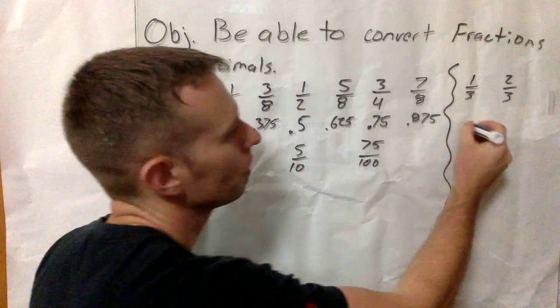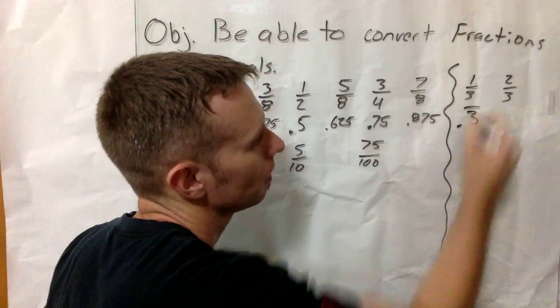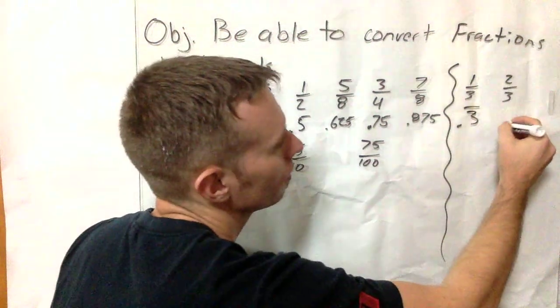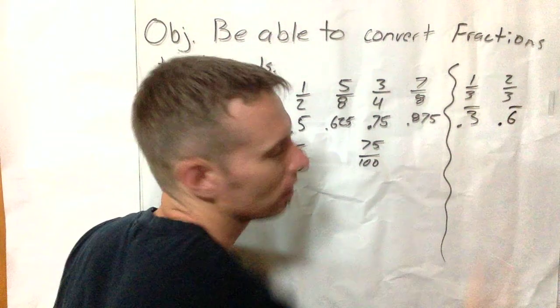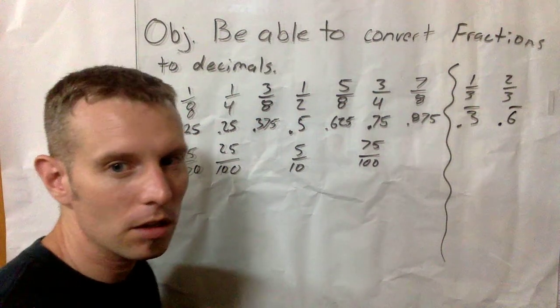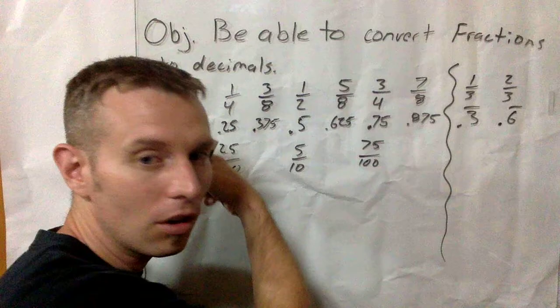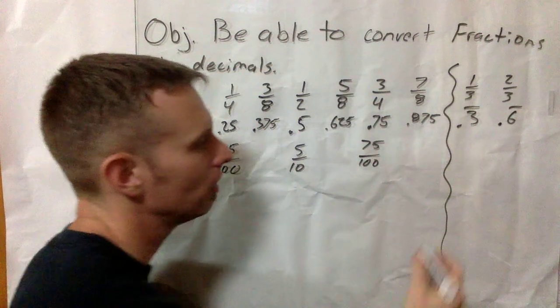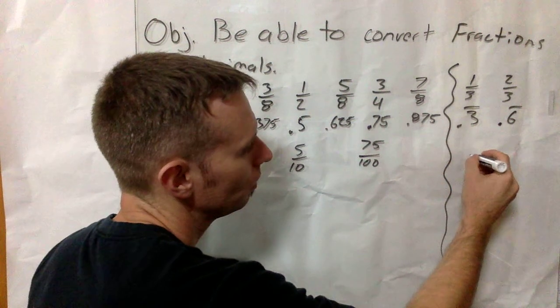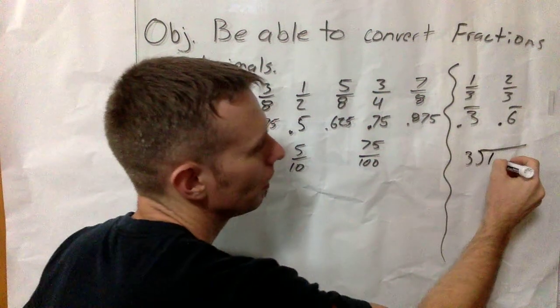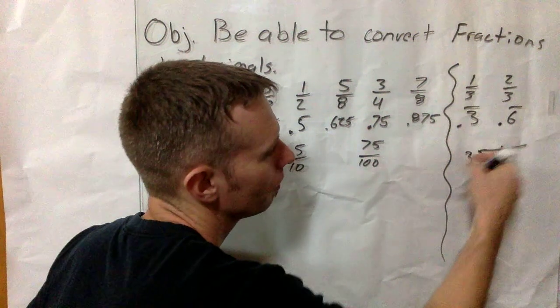We know 1/3, most people know this already, is 0.3 repeating, and 2/3 is 0.6 repeating. You could check these, and also the others, by doing it another way, and that's simply to do the division. 3 divided by 1, or rather 1 divided by 3, but we write it this way.